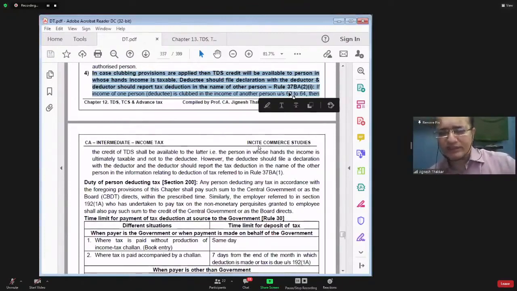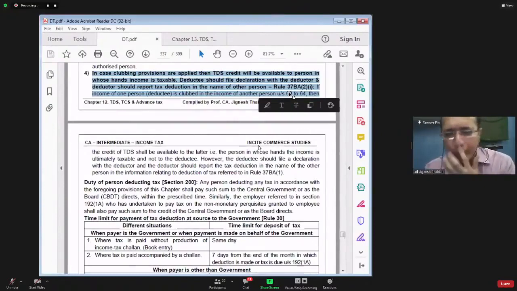Therefore, the government says, if because of the clubbing provision the income of the minor child is being taxed in the hands of the parent, in that case they can give an application to the payer saying that while you report this TDS to the government, don't report against the name of the minor child, report against the name of the parent only.